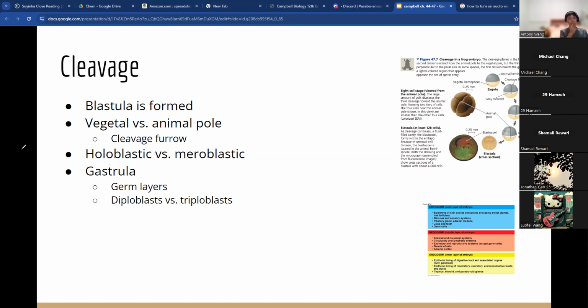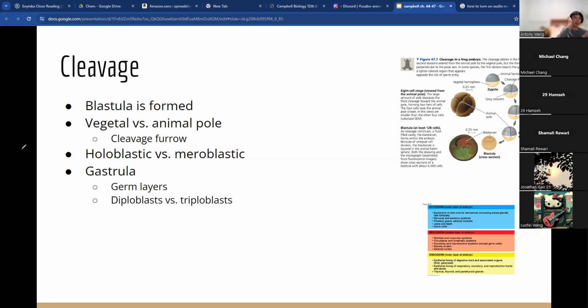In the case of frogs, this happens because the animal pole divides normally, just normal cell division. However, the vegetal pole has a lot of yolk, so its cytoplasm is a lot more sticky and thick, and it's hard to cut through that thick layer.